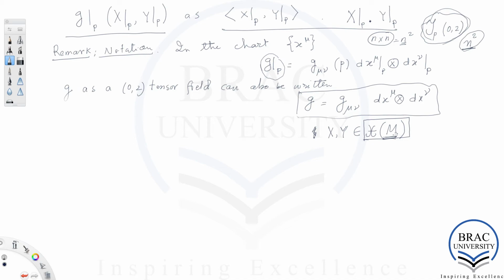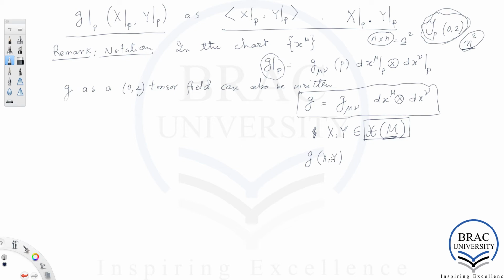Now if X and Y are two such vector fields, then g(X, Y) is a map. This is what we defined in the beginning of this lecture.